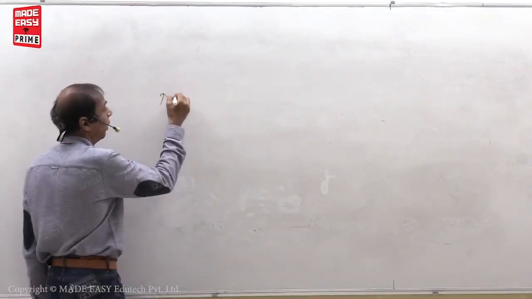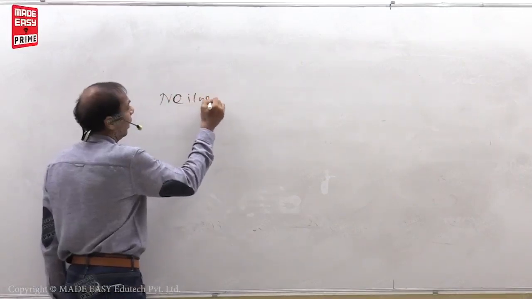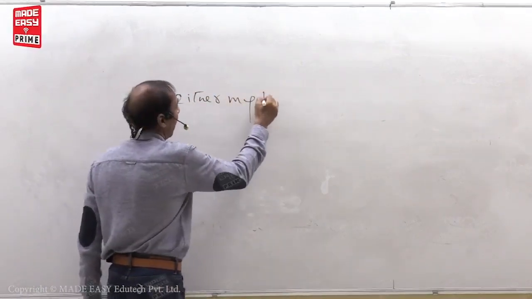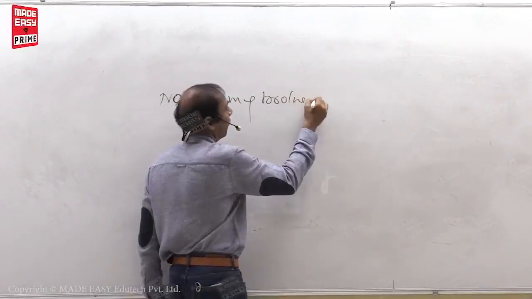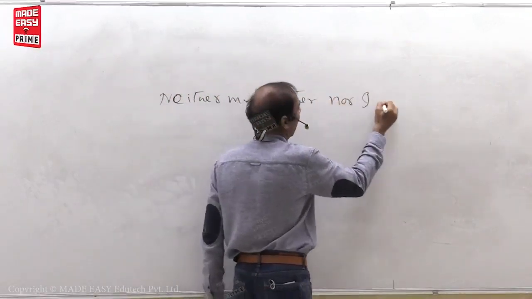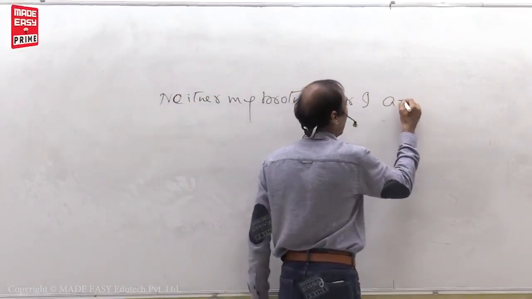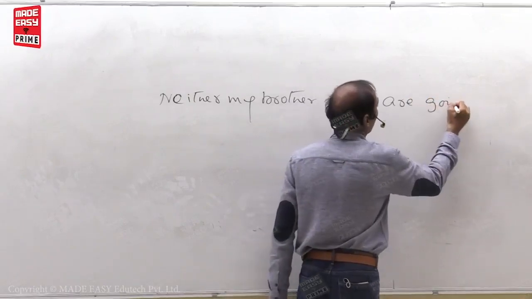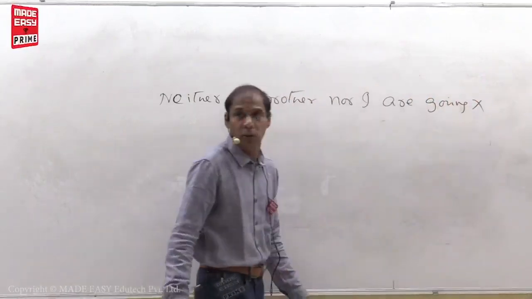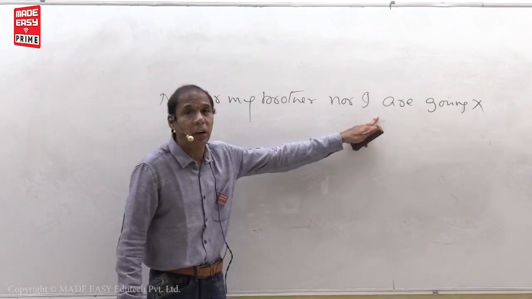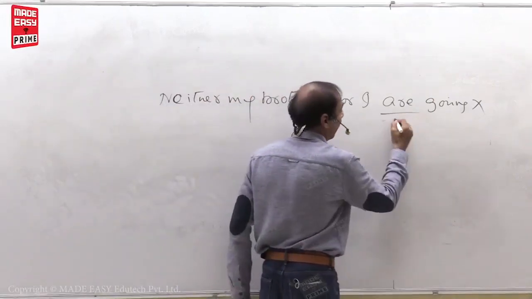For example, let us take one more sentence. Neither my brother nor I are going. Wrong. What is the subject nearest to nor? I. I takes am.